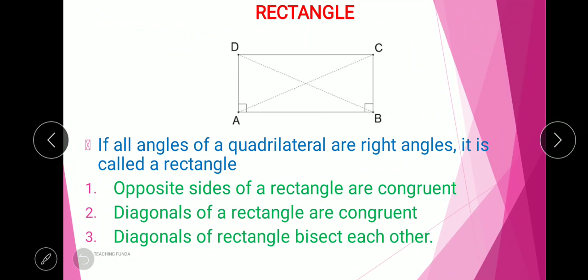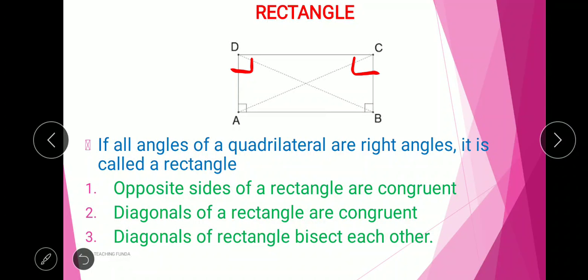First one is rectangle. Now here, what is the definition of rectangle? If all angles of a quadrilateral are right angles, it is called a rectangle. Suppose a quadrilateral is given. Quadrilateral means a figure having four sides.